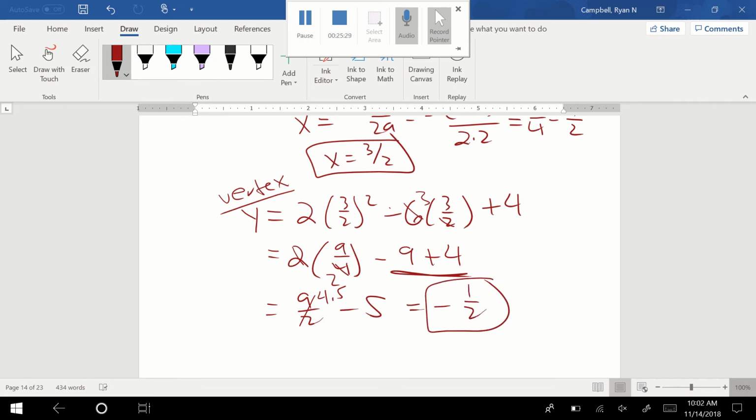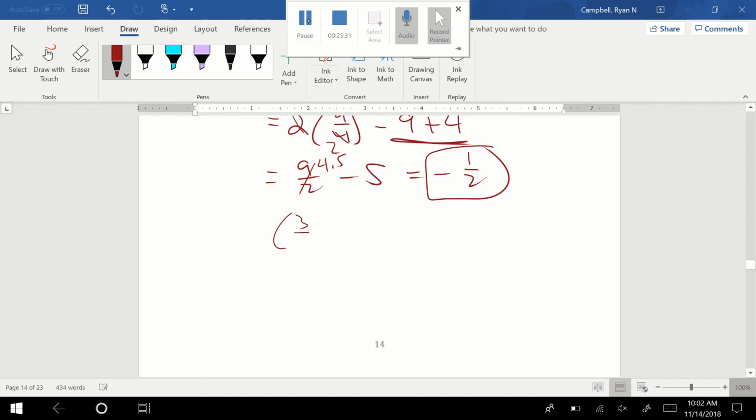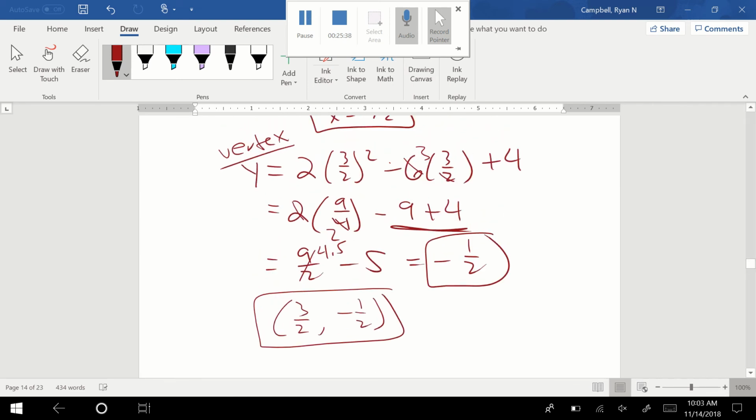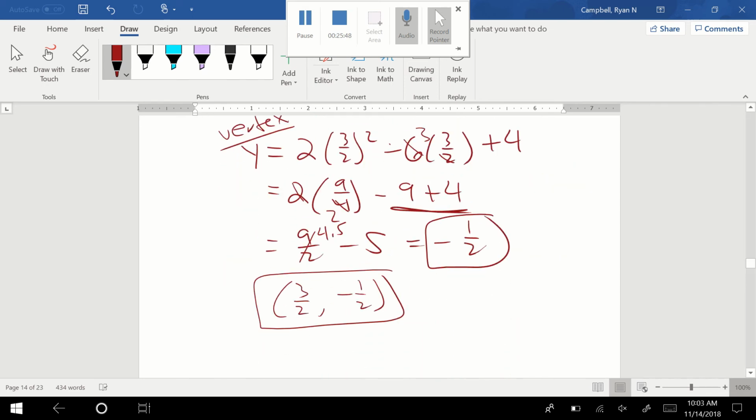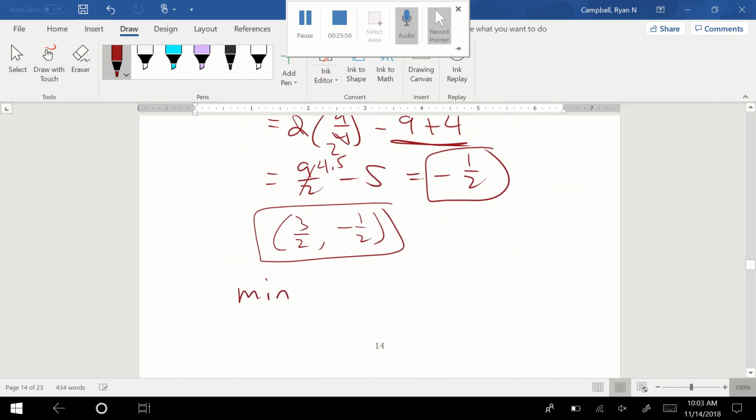So the actual vertex is 3 halves, negative 1/2. We know that it opens up, so we're going to have a minimum value. And since we already have our vertex, we know that the minimum value is negative 1/2.